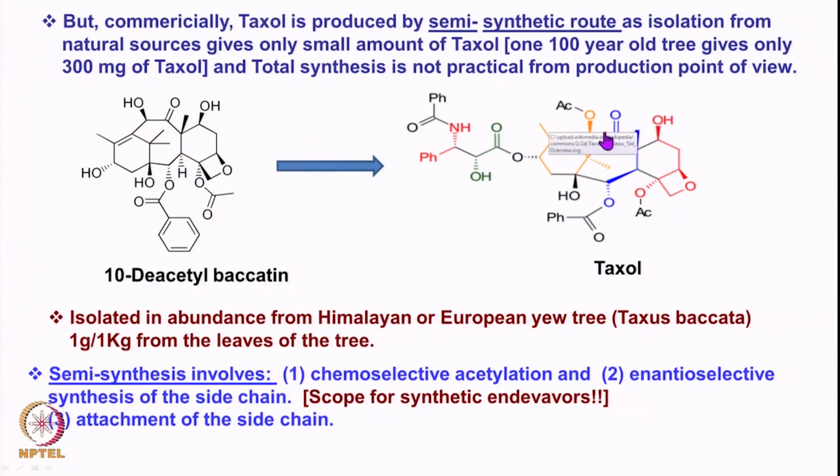As you can see, this particular acetate group is present in the Taxol molecule, whereas if you compare the structure of 10-deacetylbaccatin with this particular part here, then you can say that 10-deacetylbaccatin is a starting material for the synthesis of Taxol, and it has no acetyl group at the 10th position.